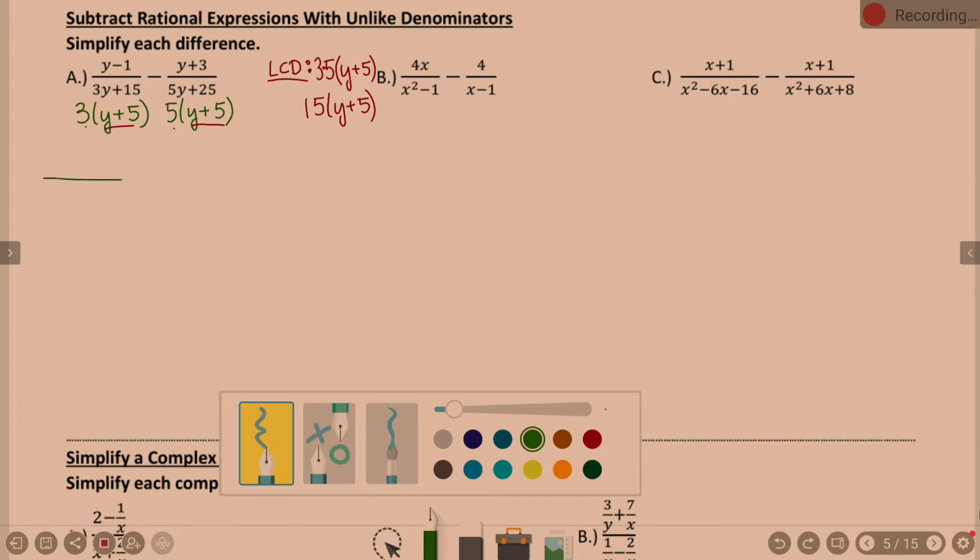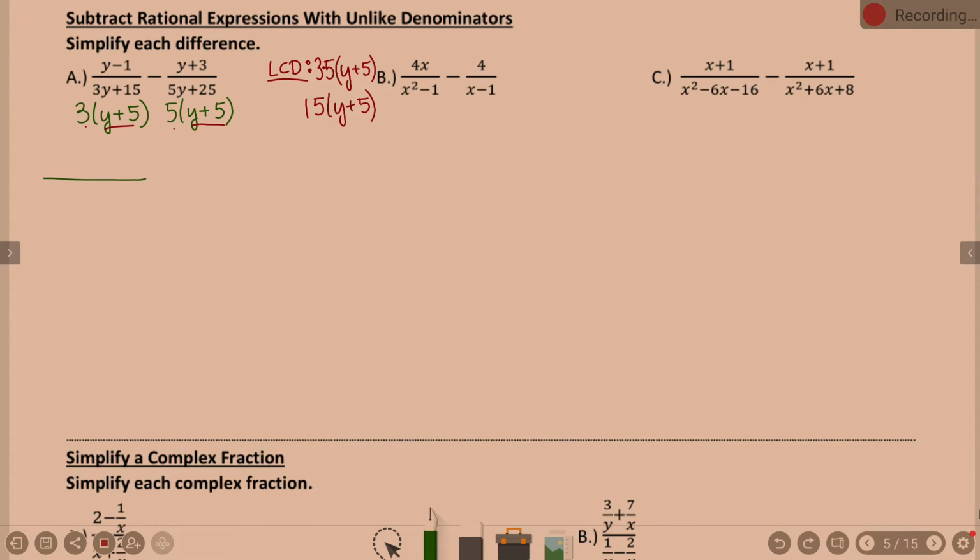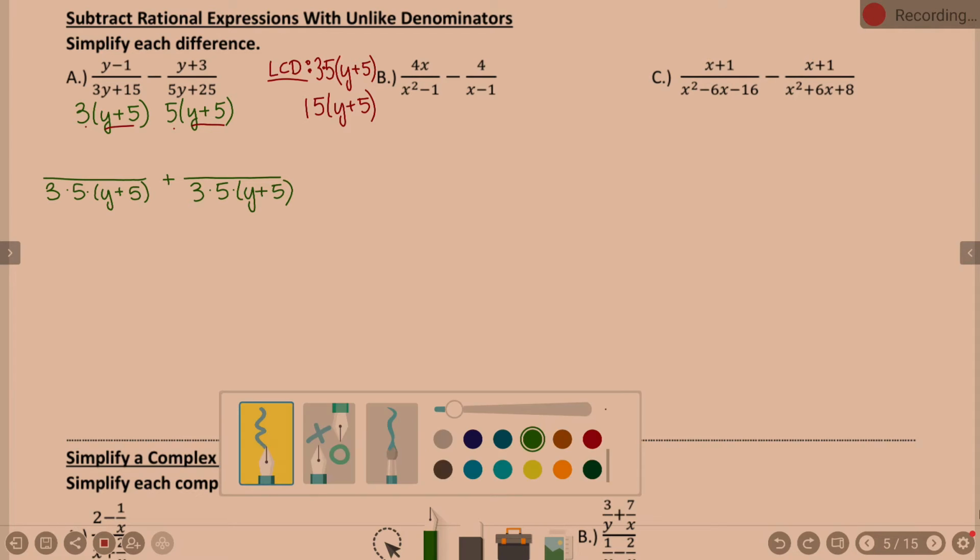So, common denominator. I think for this purpose right here, I'm going to say 3 times 5 times y plus 5. Okay.